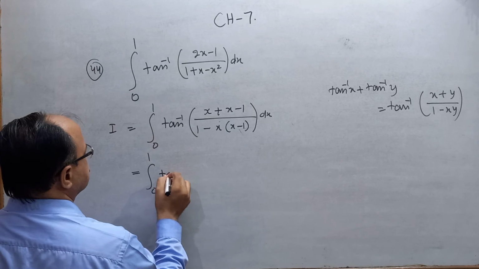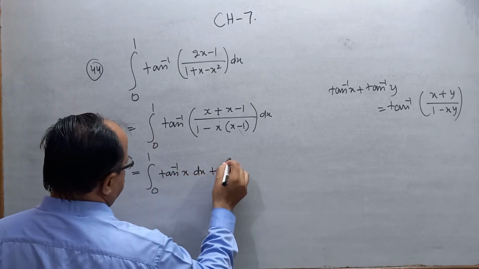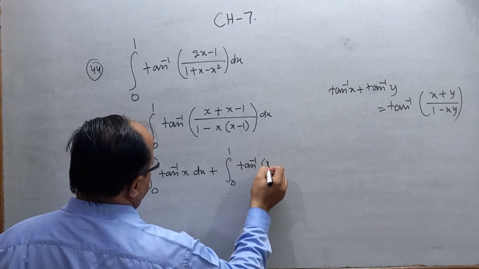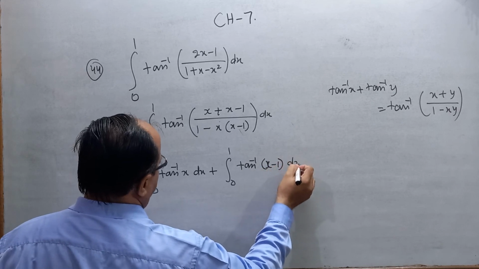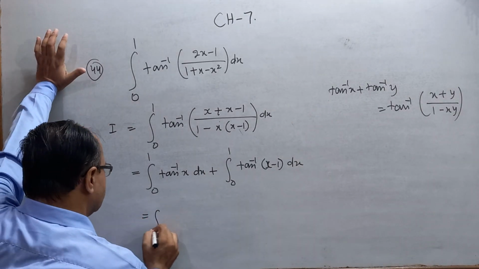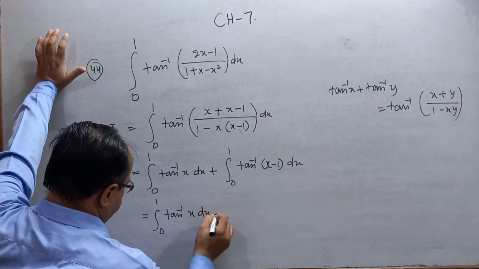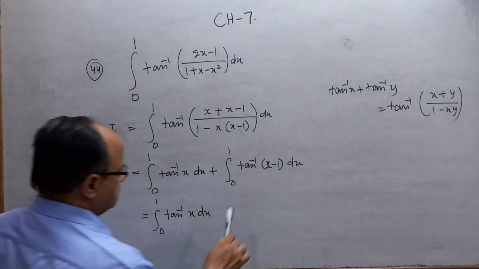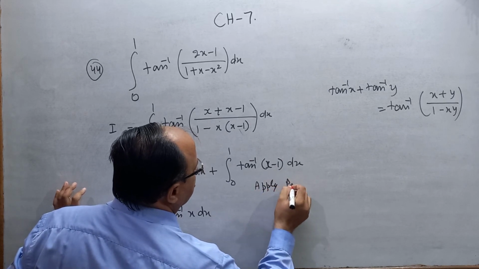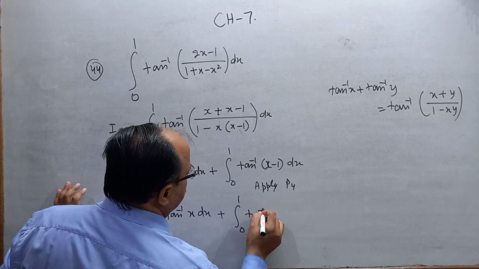Integration from 0 to 1 of tan inverse x dx plus integration from 0 to 1 of tan inverse of x minus 1 dx. Now for integration from 0 to 1 of tan inverse x dx, apply property P4.